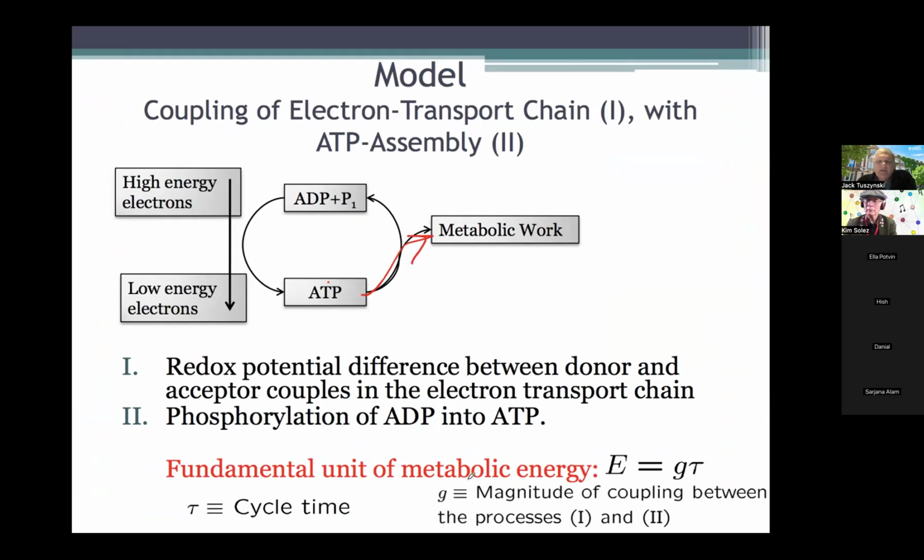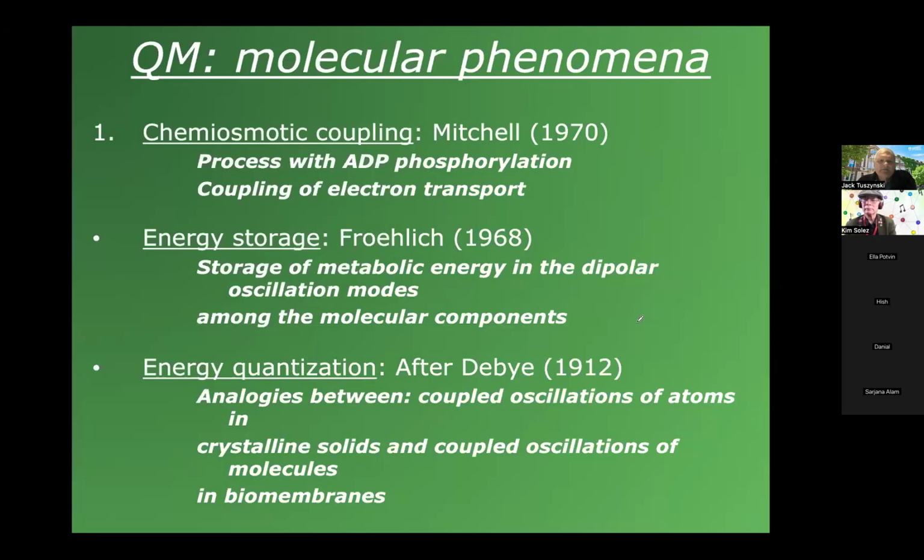Okay, so what the theory, that was 1970, so Mitchell 1970, so I was a bit off. The second, that's three, let's say Nobel Prize winning or Nobel Prize worthy building blocks for this quantum mechanical theory of metabolism.